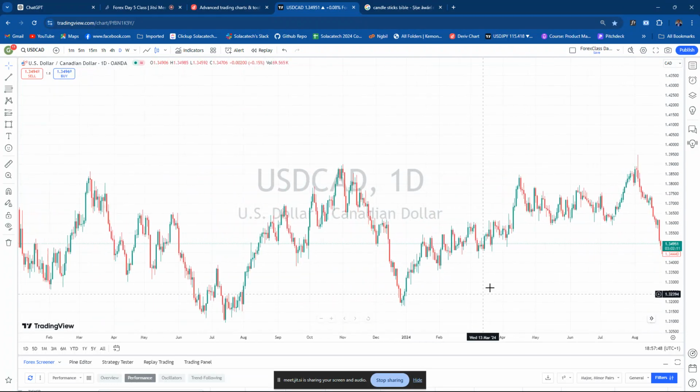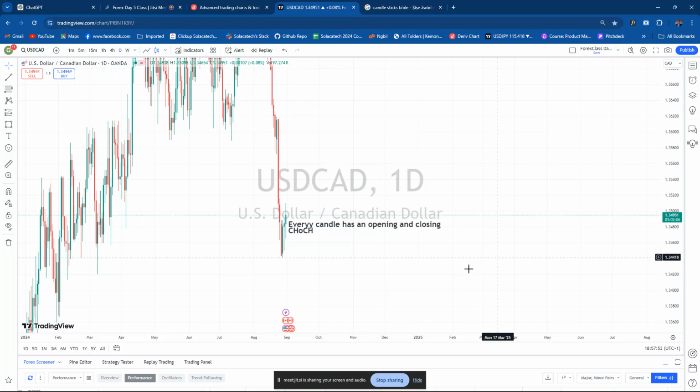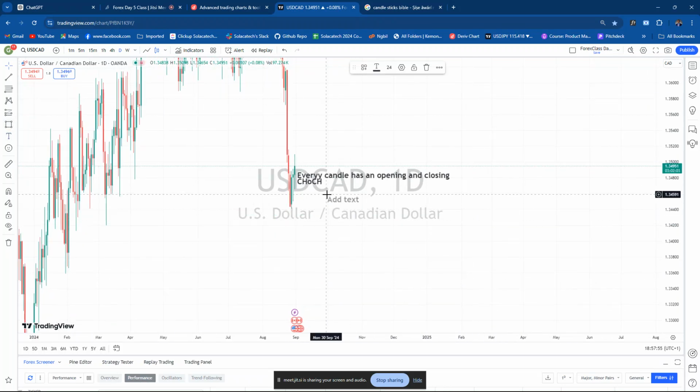But trust me, the core candles you need to know, let me write them so you see. One, you need to know what a bullish candle looks like. Two, you need to know what a bearish candle is. Very important because I'll use them in technical analysis. Three, the doji. Four, you need to know the morning star.